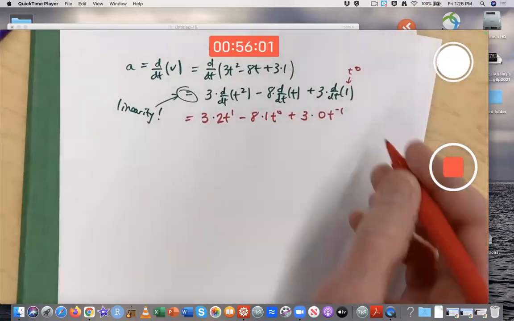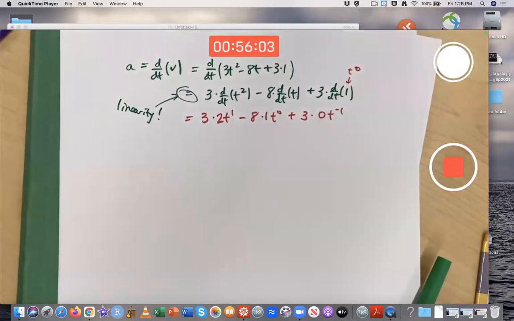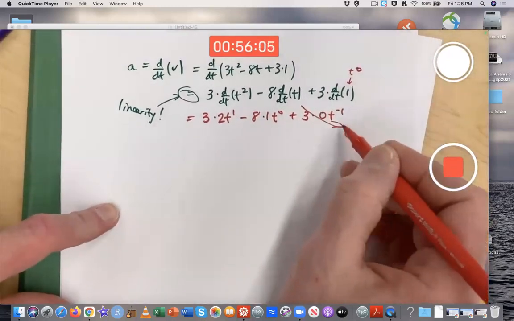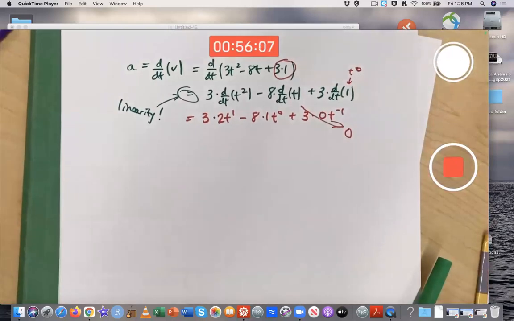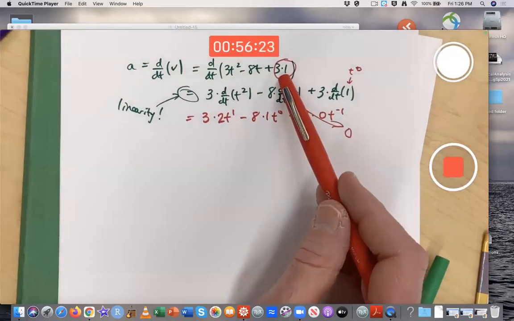Okay, I'm writing that, but you don't have to. You can just think of this as a 0. You could have thought of it that way originally because you were differentiating a constant. The derivative of any constant function is always 0 because constant functions have slopes that are always 0. Their graphs are horizontal lines. Doesn't matter what the constant is.